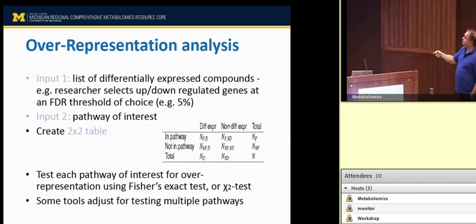And basically, the question that you're asking is whether those that are differentially expressed and in pathway are overrepresented. And the underlying test is either a chi-square test or Fisher's exact test that you can look up. There is a very nice explanation in Wikipedia.